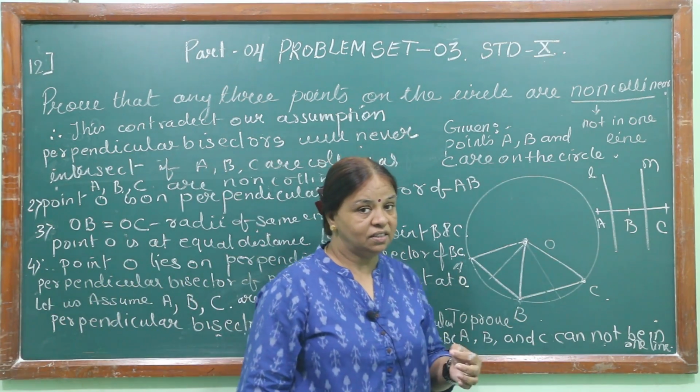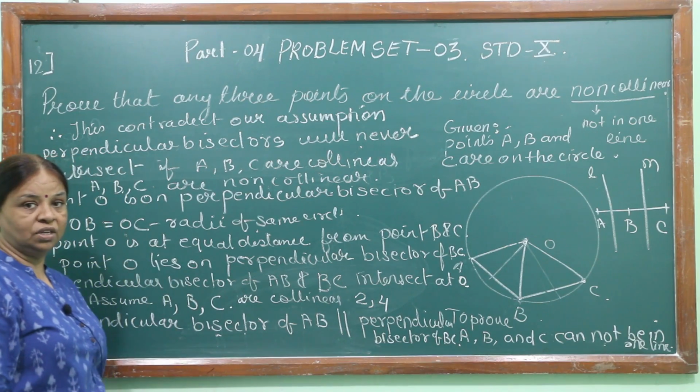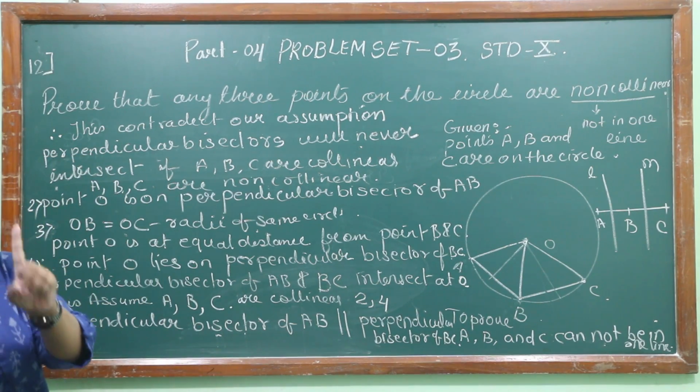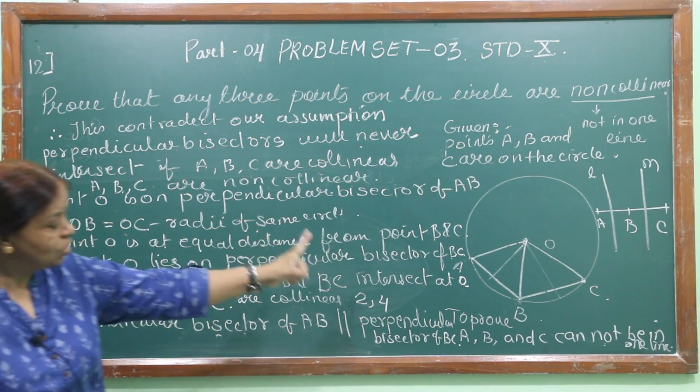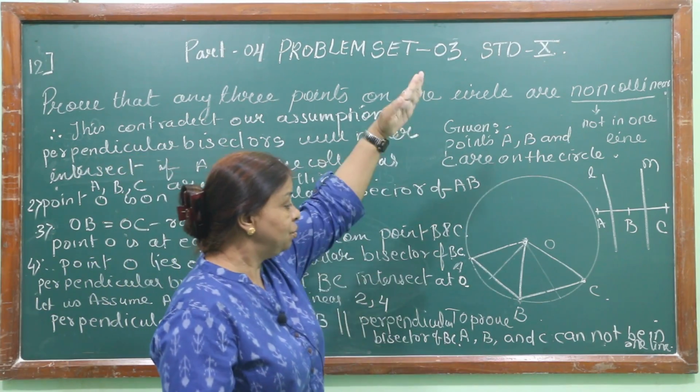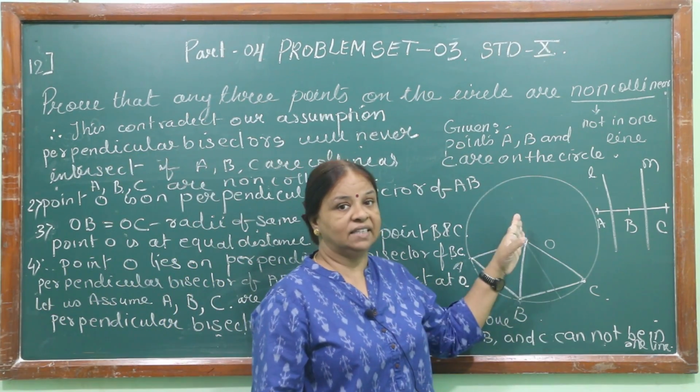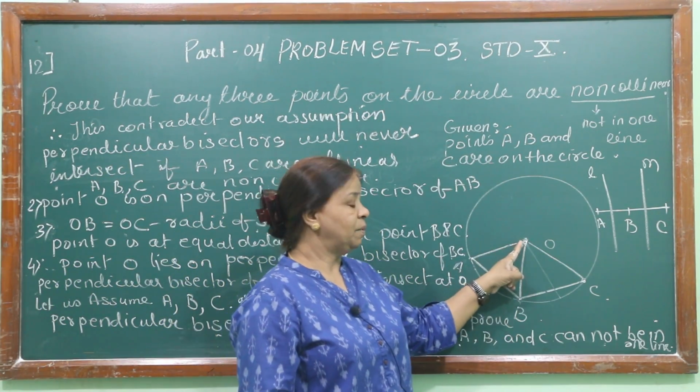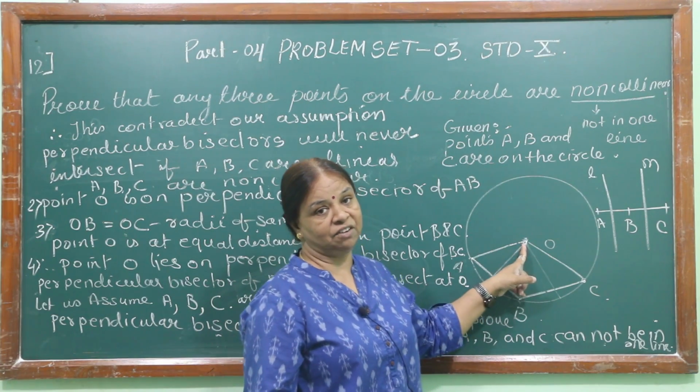Did you understand, children? I hope you must have understood. See, points A, B, C are lying on the circle, and when we drew the perpendicular bisectors, we found that they are intersecting at one point.